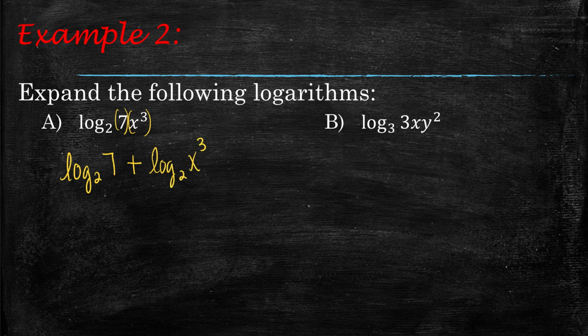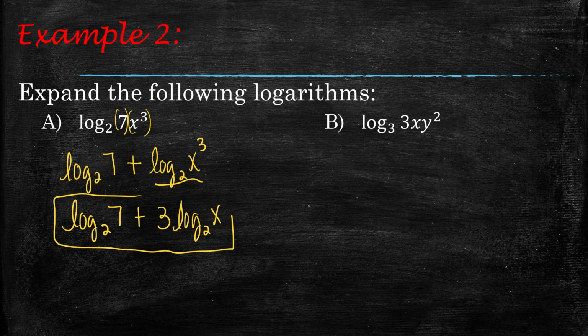Now, we can also use the power property on this one and make that 3 times log base 2 of x, and then just bring this down, log base 2 of 7. And so this is what it would be in expanded form, and so this would be your answer.